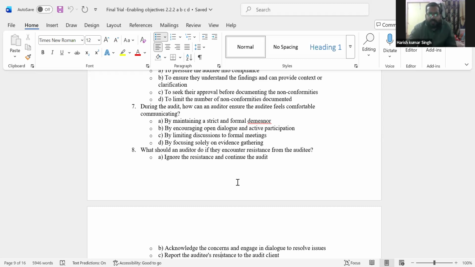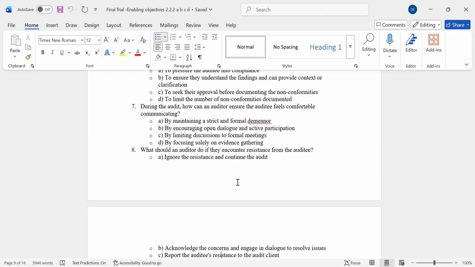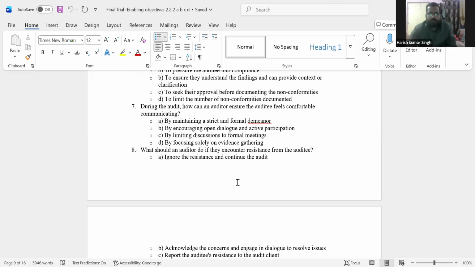B. By encouraging open dialogue and active participation. C. By limiting discussions to formal meetings. D. By focusing solely on evidence gathering. B, sir, encouraging open dialogue. There has to be active participation from the auditee. So to make him comfortable, you should encourage dialogue and active participation. Right answer.